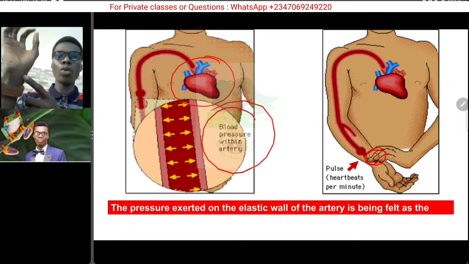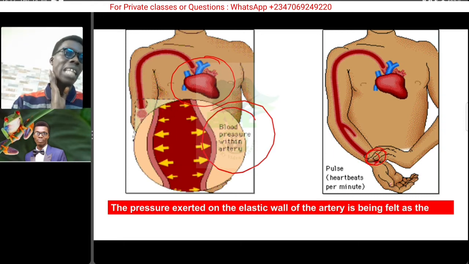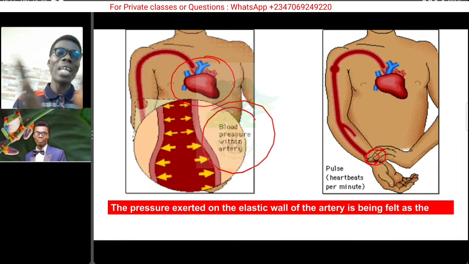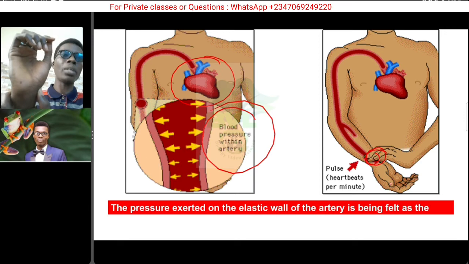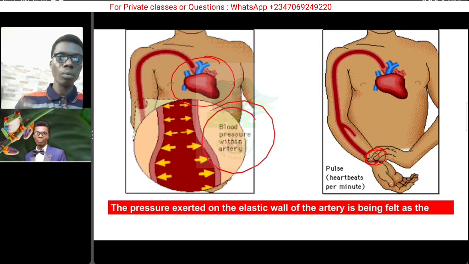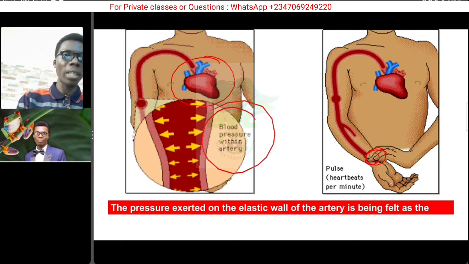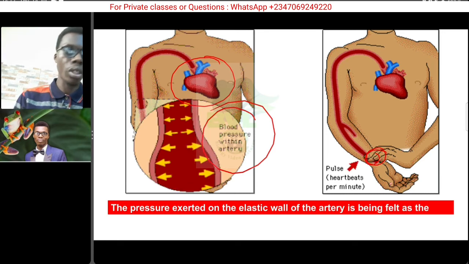This is not the only place you can feel the pulse on an artery, but because it's close to the surface here and in some other places in our body, you can feel the pulse. So due to the elasticity of the artery wall, it expands, and we can pick the pulse, like the rate at which your heart is beating per minute, or the pressure exerted on the wall of the artery. The pressure exerted on the elastic wall of the artery is felt as the pulse.